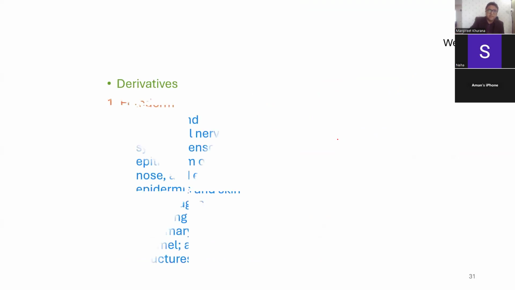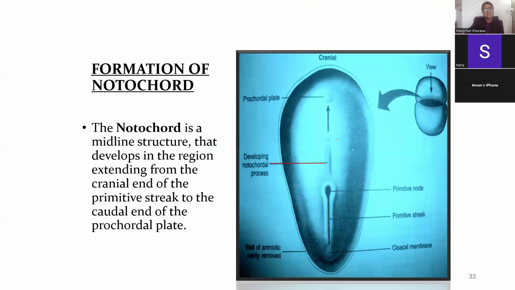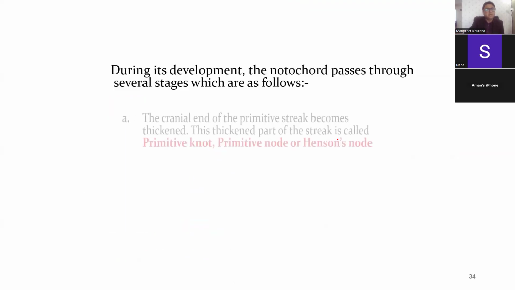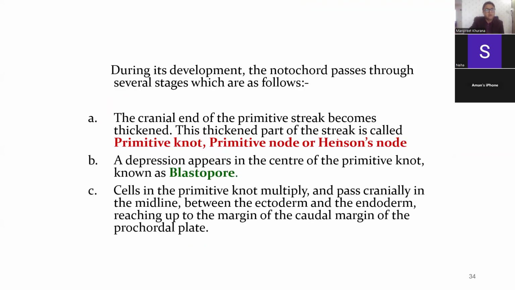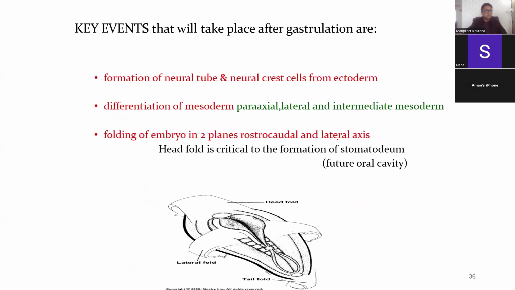Now we are at week 3. These are the various derivatives, but again, I will just give you a picture where we'll be understanding all the things together. Okay. Before that, let's see what happens after gastrulation.